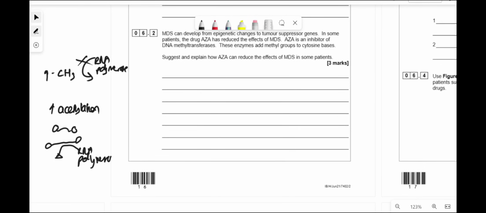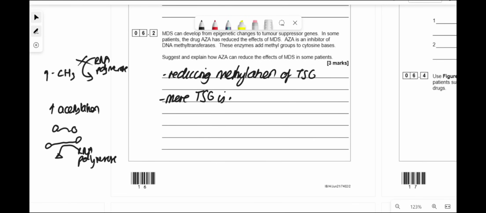So in this case, it's saying that it inhibits DNA methyltransferases, and these enzymes add methyl groups to cytosine bases. So what's happening is that AZA is reducing methylation of a tumor suppressor gene. I'm going to write TSG for short, right? So this means that more of the TSG is now expressed.